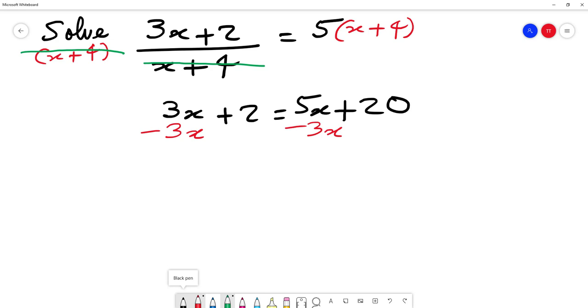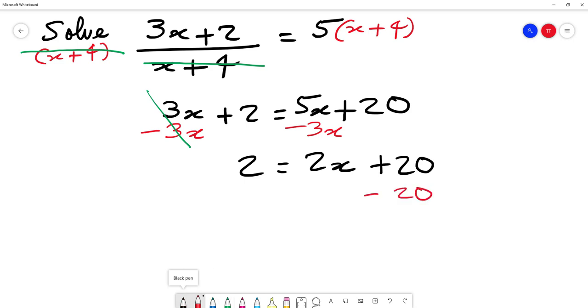So 3x and minus 3x will cancel out. So we can cross them out. We end up with a 2 on the left hand side. Then on the right hand side, we get 5x minus 3x is 2x plus 20. Then we go into minus 20 on both sides of the equation.